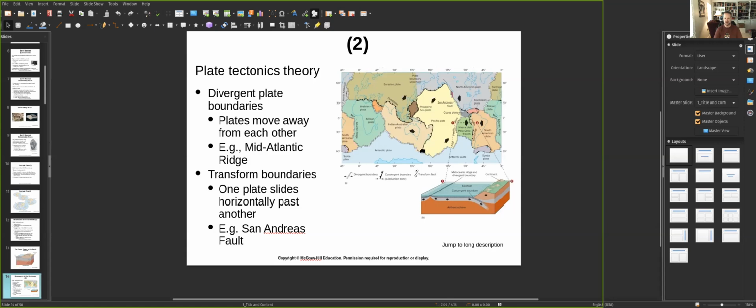What is going on here, and what we'll see in another graphic shortly, is extraordinarily important for a lot of volcanic and earthquake activity, and it's associated with movement along these boundary points.